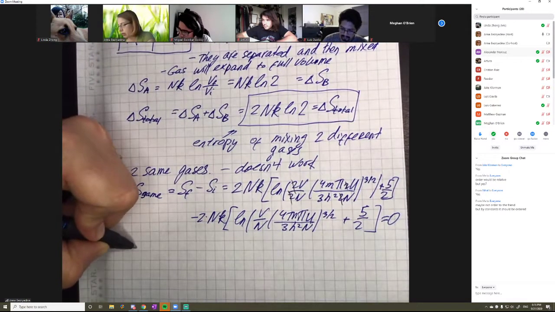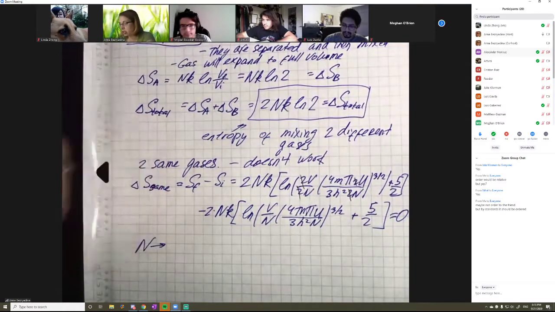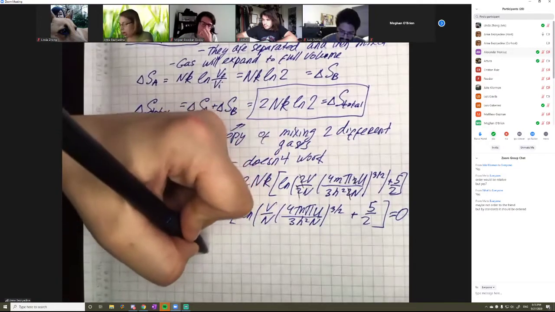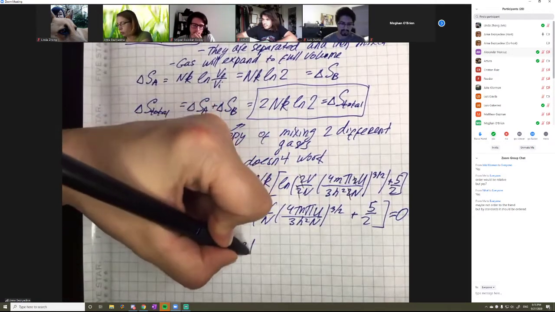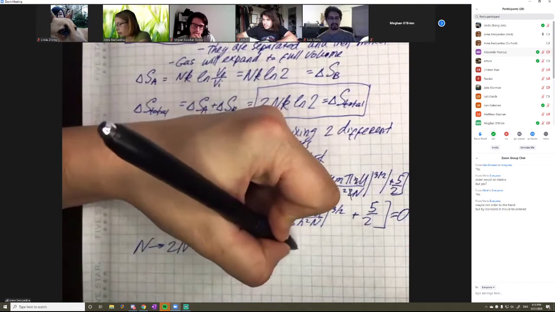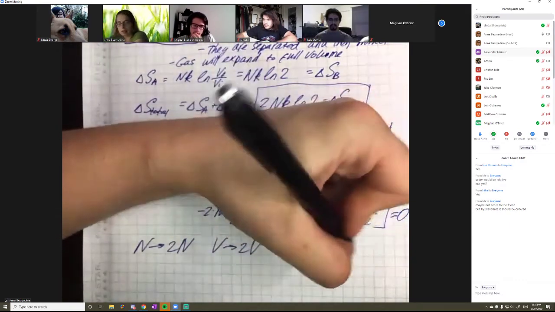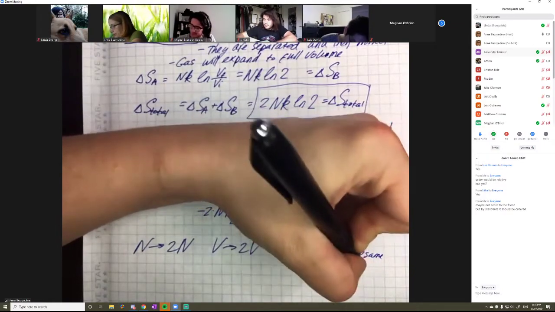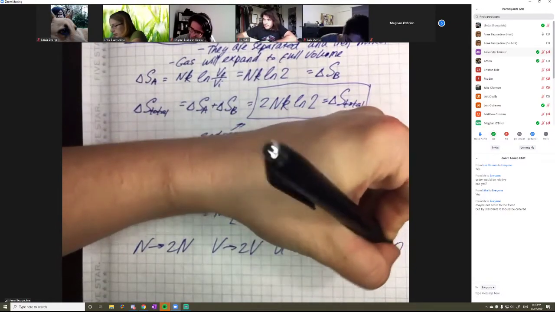So in our case, when we have expansion of the same gas, our number of particles increases from N to 2N, our volume increases from V to 2V, and our energy from U to 2U. In this case, for the same gas, we get 0.